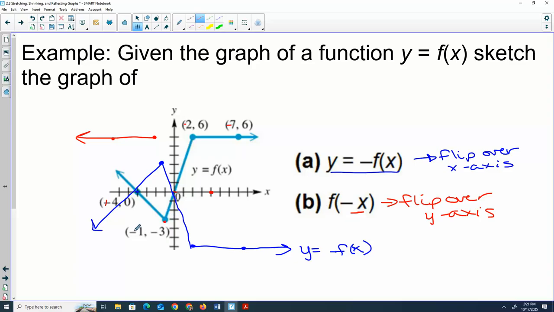And positive 1, negative 3. So if you have to reflect a graph that's already given to you, just go through and change the points. Look at if your y is changing signs or your x.